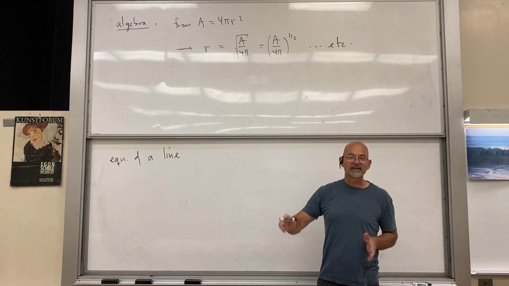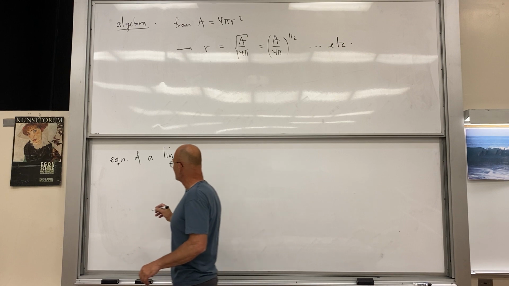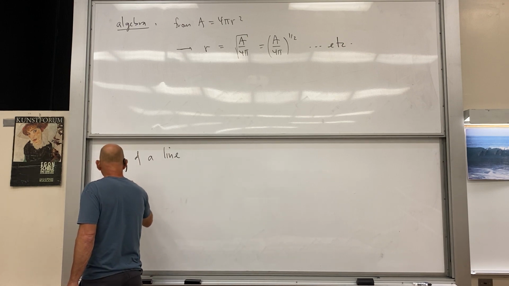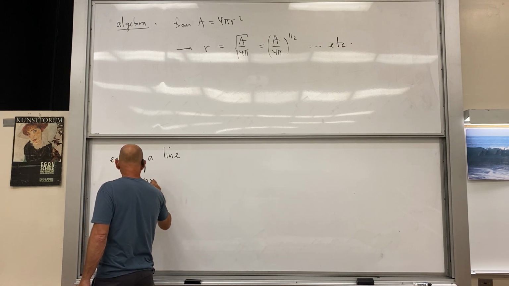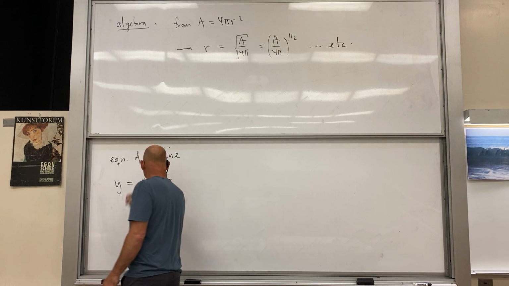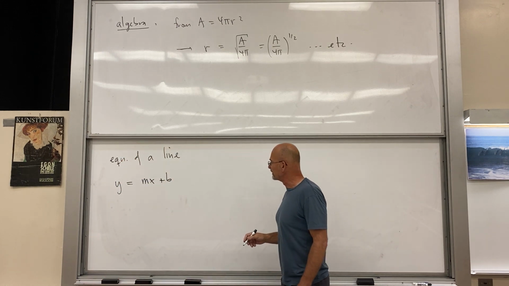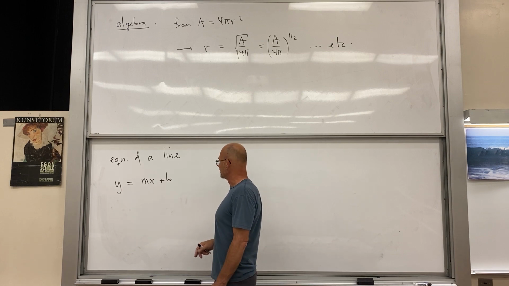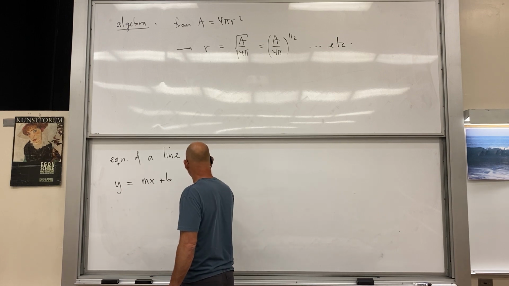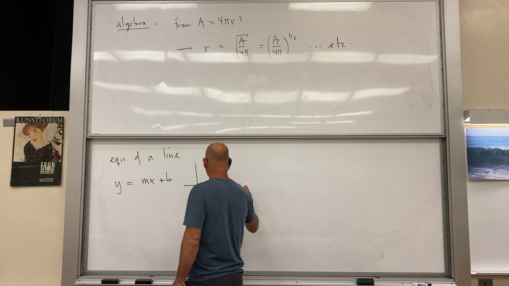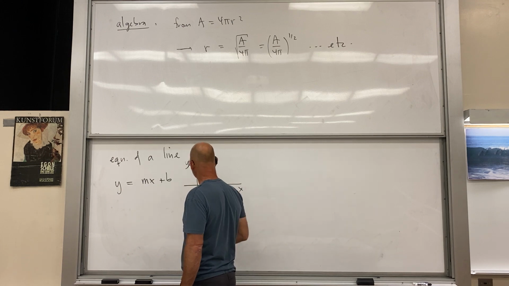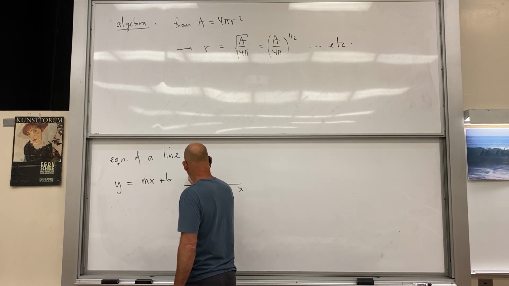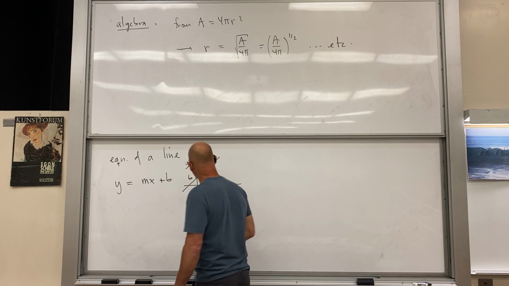So that takes you back to your algebra class, and you have y equals mx plus b. And then you say, okay, m is the slope and b is the intercept. Okay, you can graph this. X, y, b, and it has some slope there.